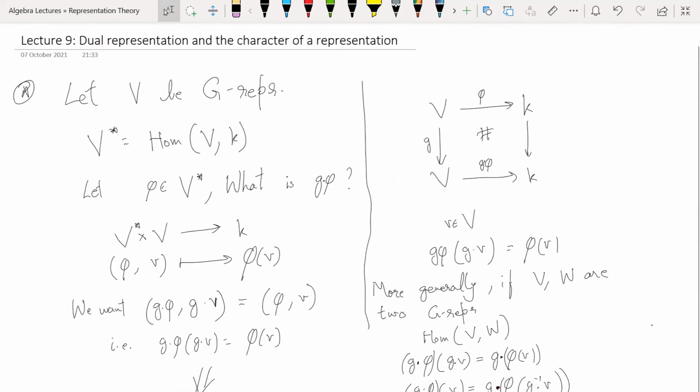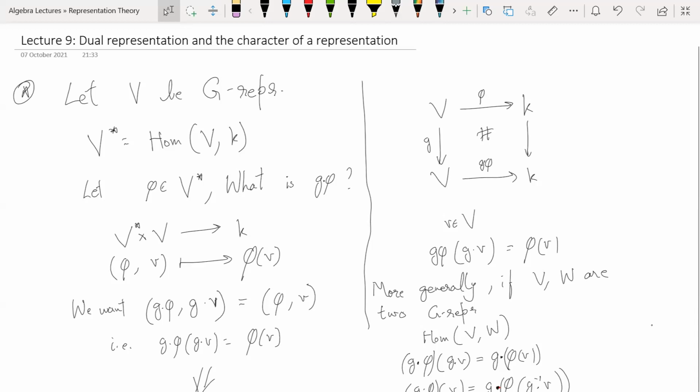Okay, so now you know how to get many representations. You can take direct sums of representations. You can do tensor products. You can take duals, and you can also do Hom. So there are many ways of cooking up representations. Okay.